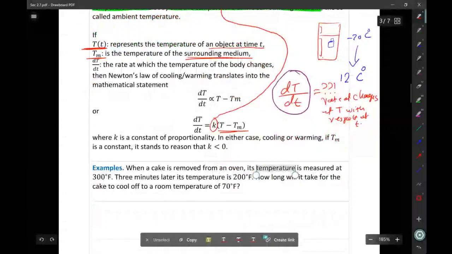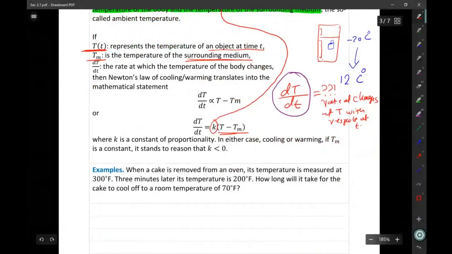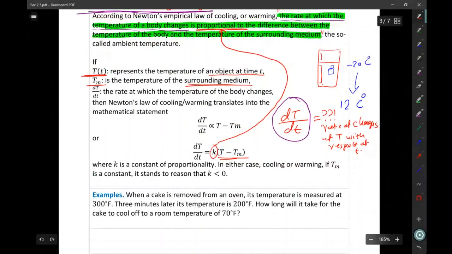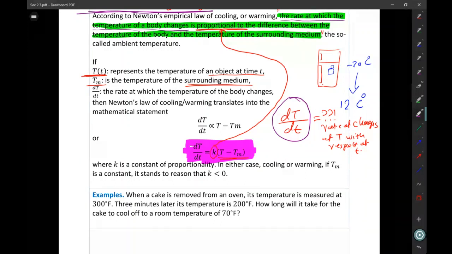So in this case, I translated Newton's law into a differential equation, and now it becomes this form. This differential equation is a first order differential equation.